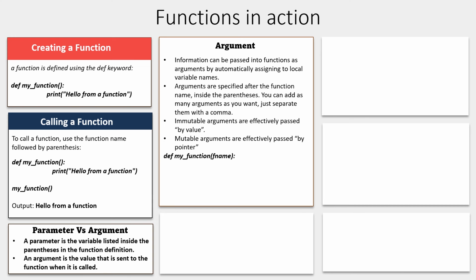So here we can see one example. A def statement, then the function name, and fname. fname is our parameter, and here, to return something we use a print, and that implicit variable fname, and then we have concatenated some string with it.